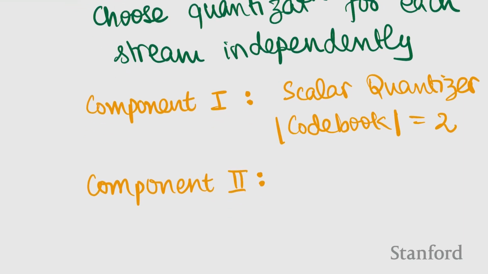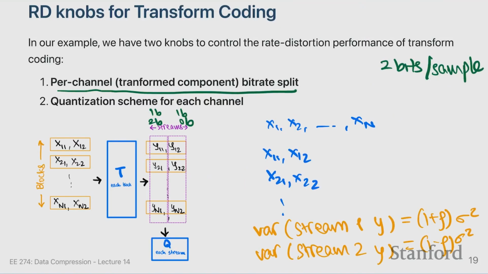For component 2, I can say no, I'm going to do a vector quantizer. And then your problem in some sense is like a recursion. It just goes back to what we saw during quantization, right? So now you can think of this second stream as just independent symbols, and you can make blocks out of it, create your vector codebook from it, and actually compress it in that fashion.